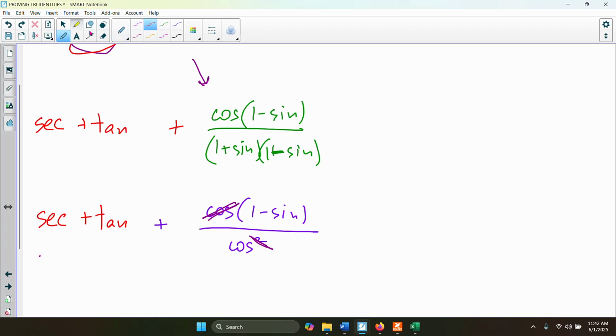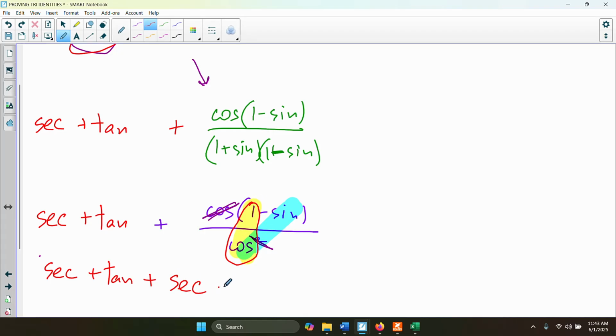And so what is this right here versus what is this right here? See what I'm saying? I'm going to split them up. And so what I have here, I already see the answer. This is secant plus tan plus, well, what's this part? That is secant again.